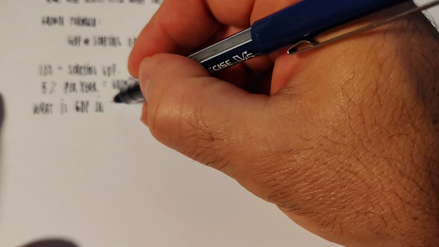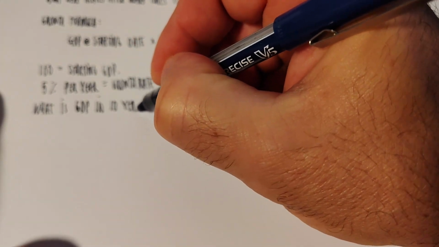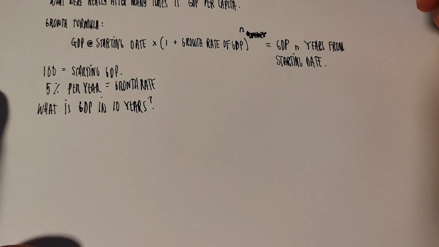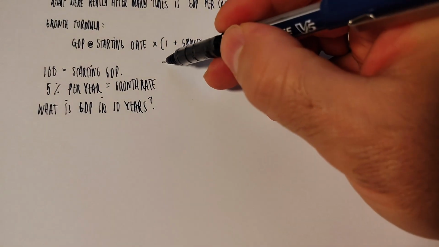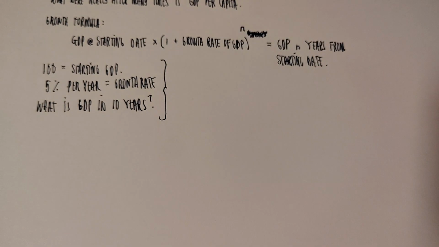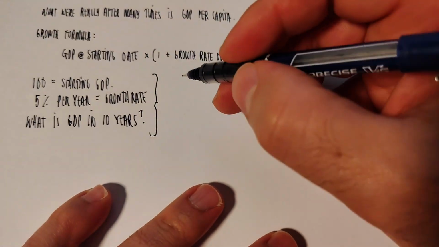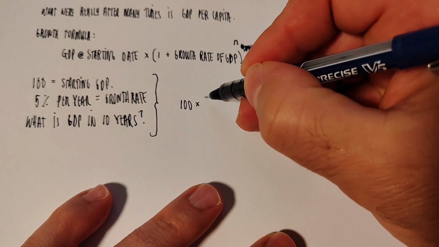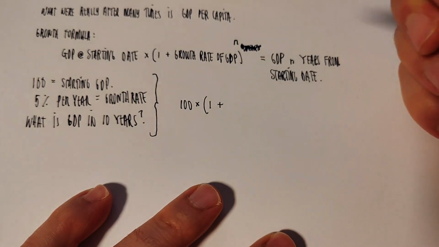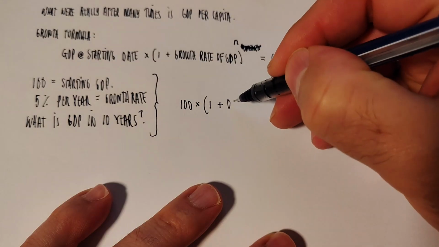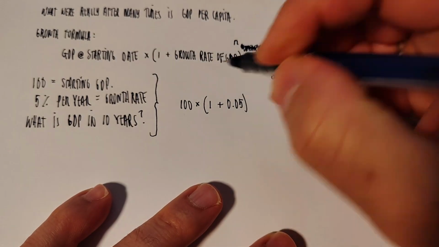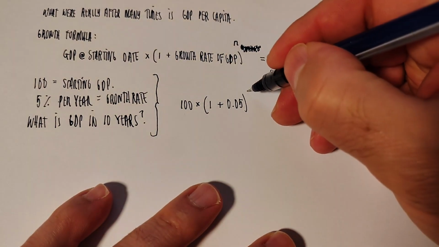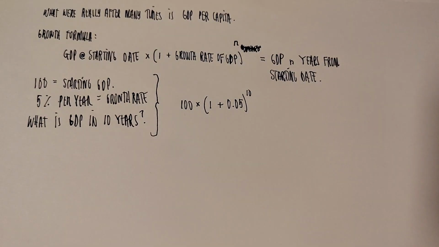We would plug those values into our formula, and we would have 100 times 1 plus 0.05 to the 10th power.